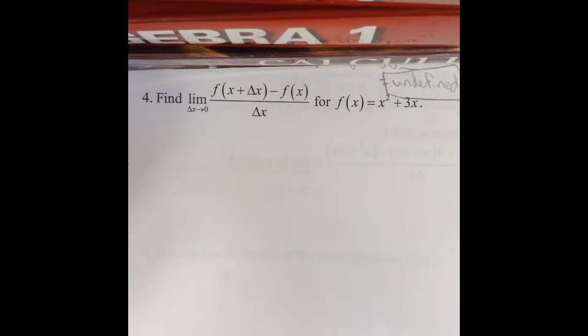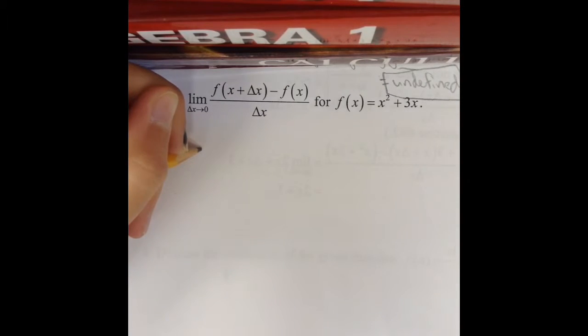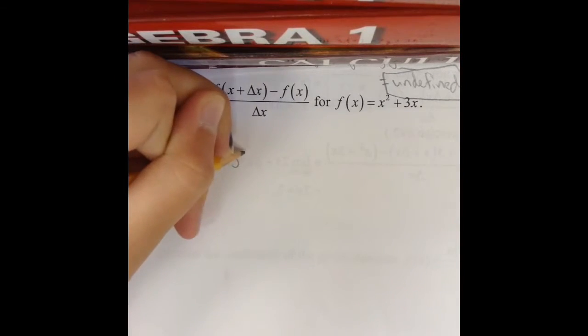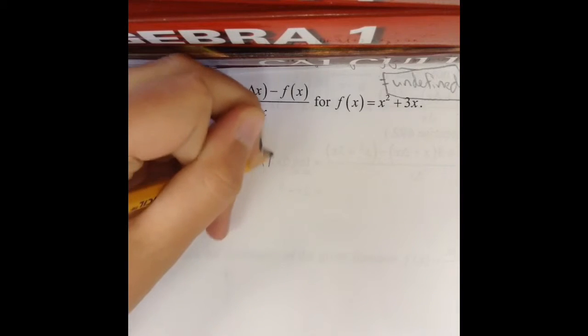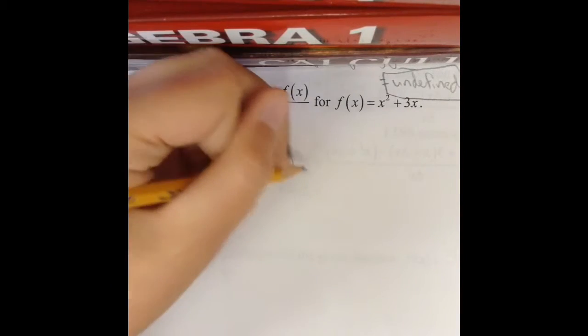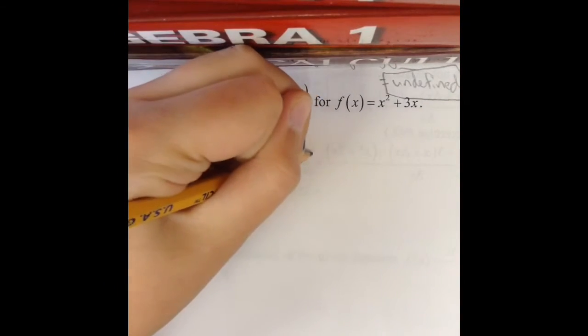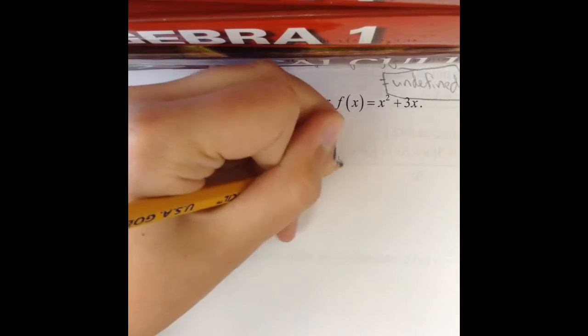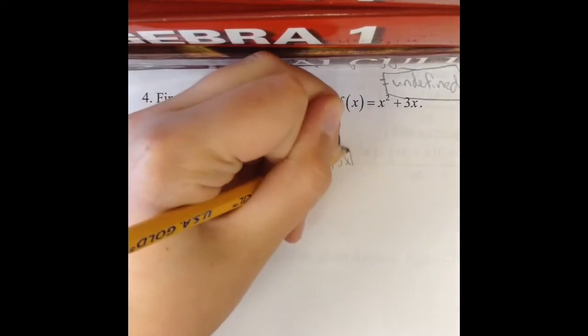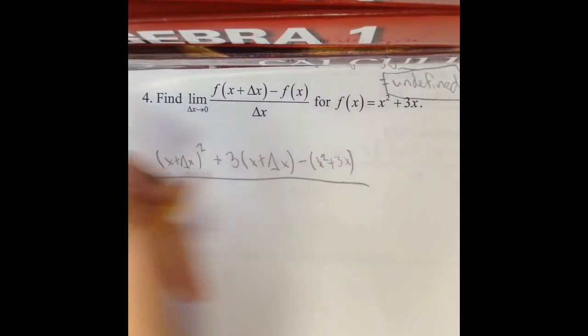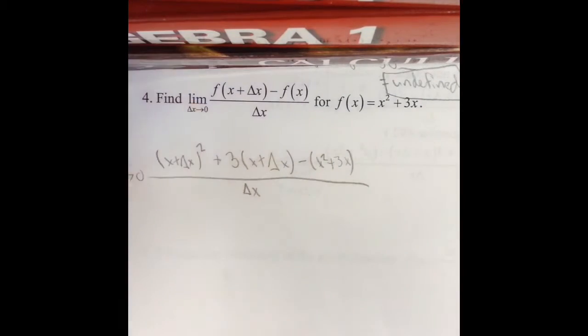So our limit as delta x goes towards 0, from our function, we know x plus delta x squared plus 3 times x plus delta x, then minus your whole function, x squared plus 3x, then all of that over delta x.